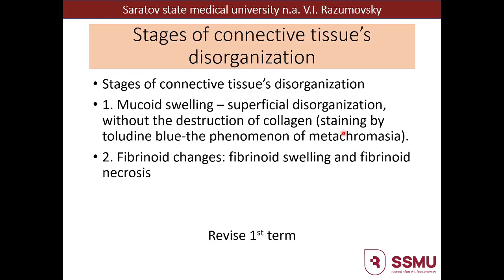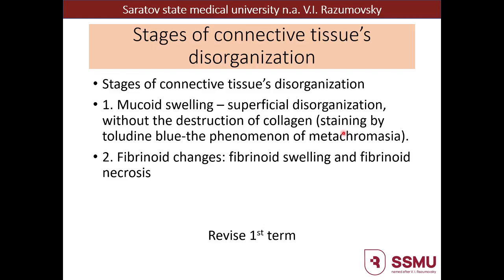So, a few words about the mechanism of the phenomenon of metachromasia and development of mucoid swelling. As you remember, mucoid swelling is associated with accumulation of glycosaminoglycans in some area, and this accumulation will lead to increase of vascular permeability and local edema.